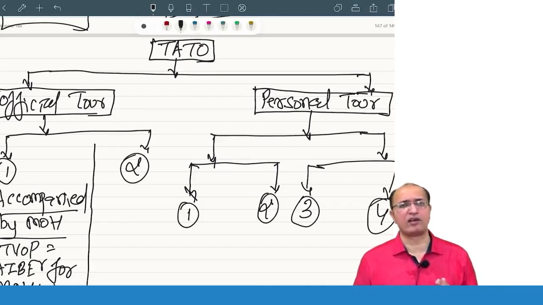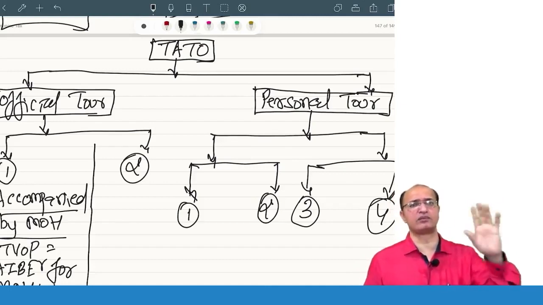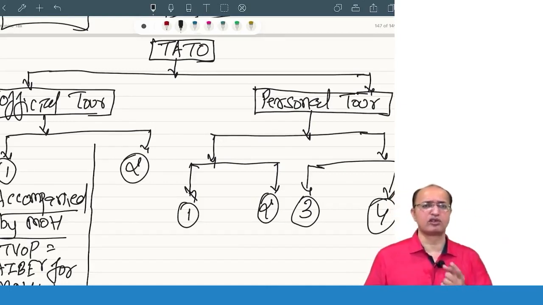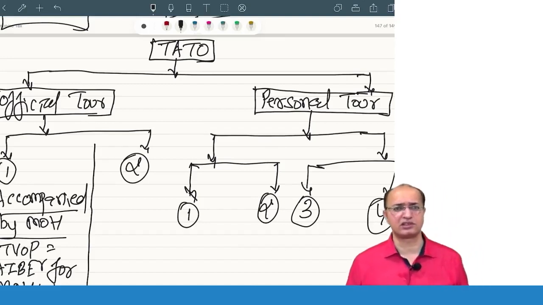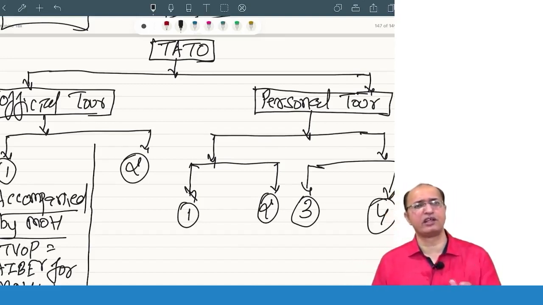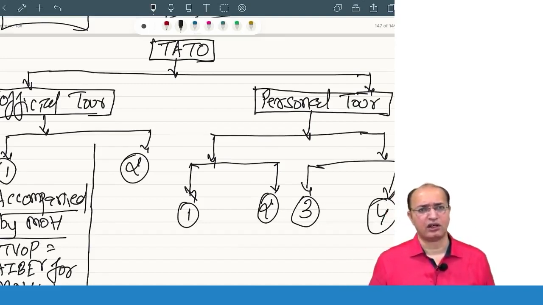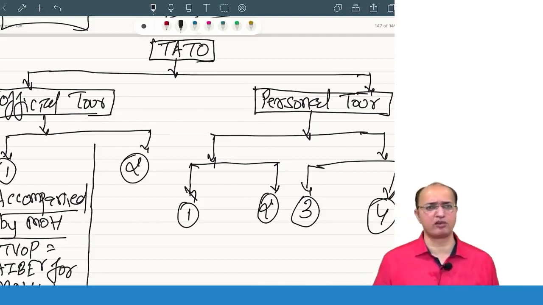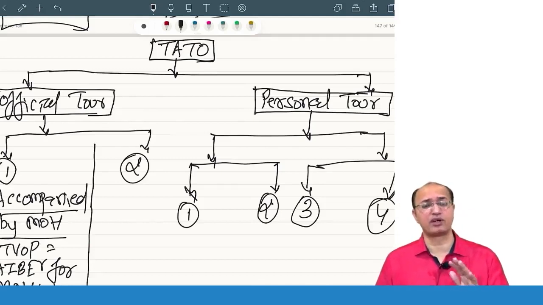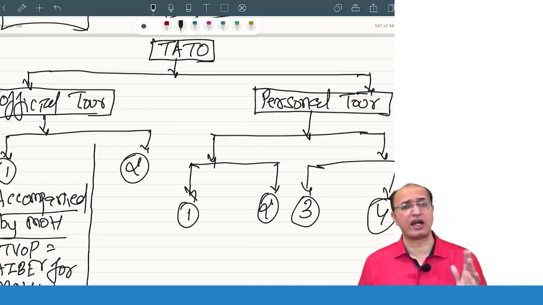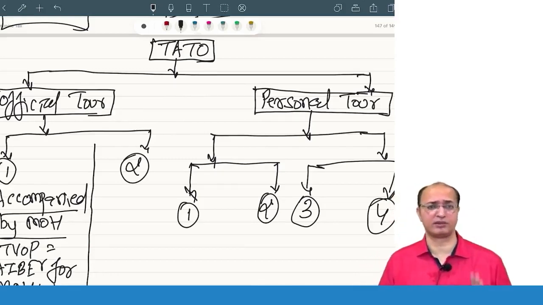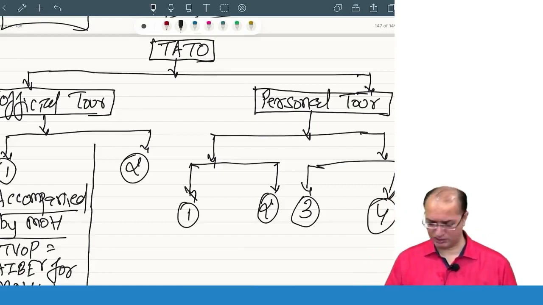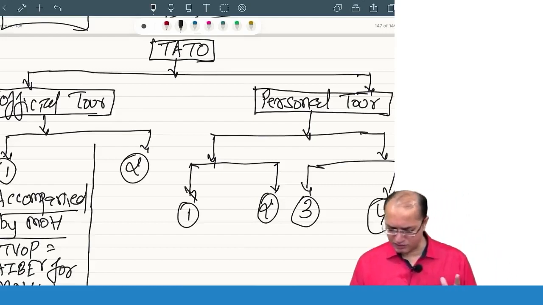Similarly, when I travel from Mumbai to Chennai, they would incur some traveling cost. They would also incur hotel expenses. All these expenses are incurred for official purposes. I am on an official tour, doing the official work. If some facility is provided to me at that point of time, there is no personal advantage to me. In that case, nothing will become taxable. Have you understood this much?